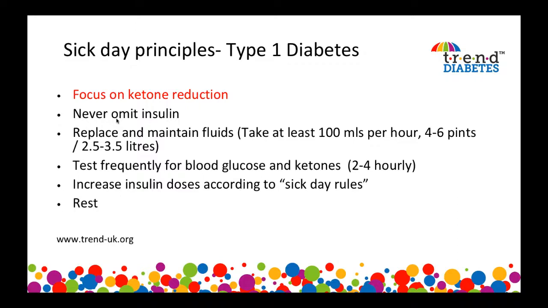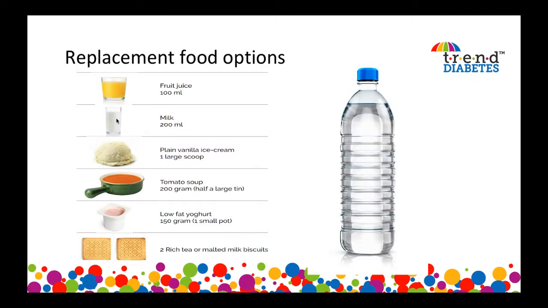Her body is going through a lot. When they've got a lot of ketones, she needs to rest and then take advice on insulin adjustment. If she doesn't want to eat, not so worried, as long as she can drink, and she could have replacement foods. I've taken this from the Trend Diabetes leaflet that you'll hear about at the end.